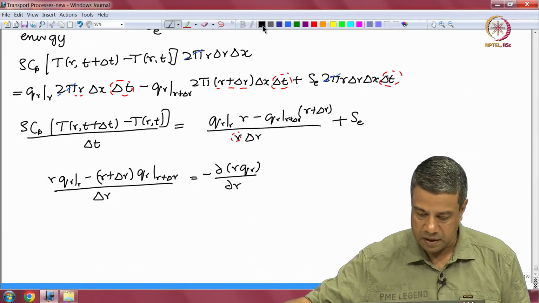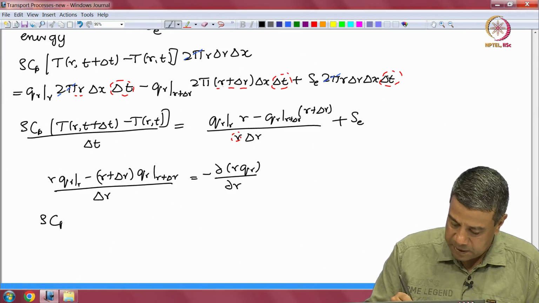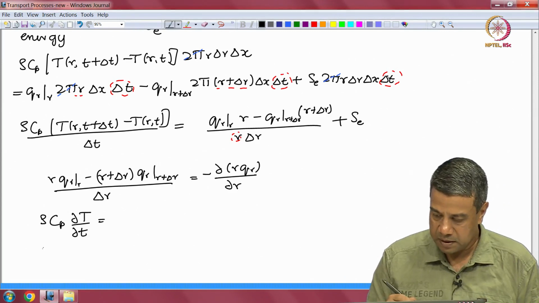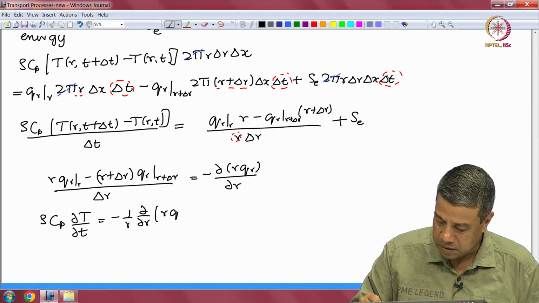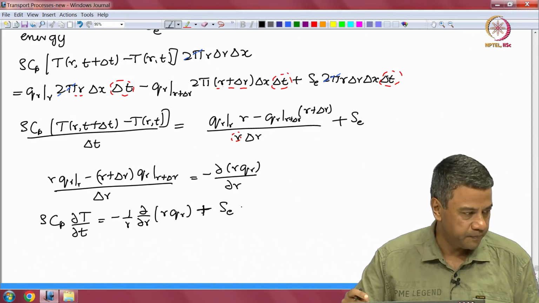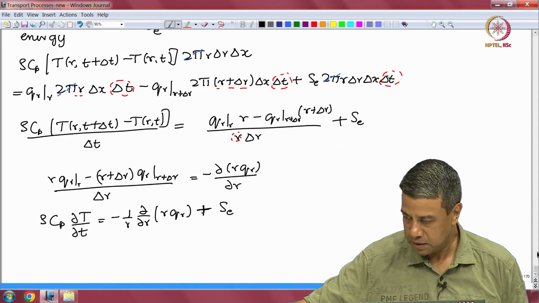So, on the left side I have rho Cp partial T with respect to partial time, okay, is equal to minus 1 by r d by dr of r Q_r plus this source term.